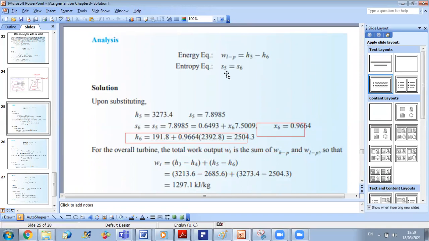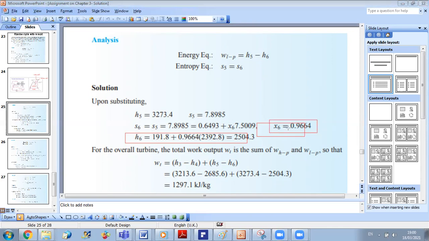They got that S5 equal to S6, and already point 5 we can get from the calculation of reheat in the boiler. And then using that S6 equal to S5, we get the quality at point 6. And as you can see here, the quality at point 6 is very close to 1.